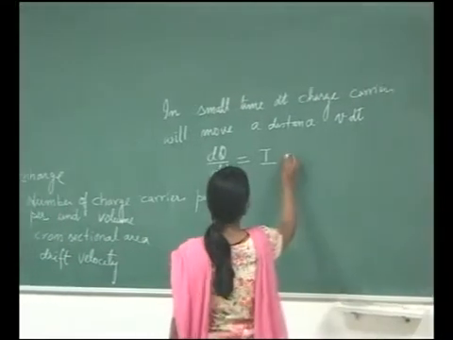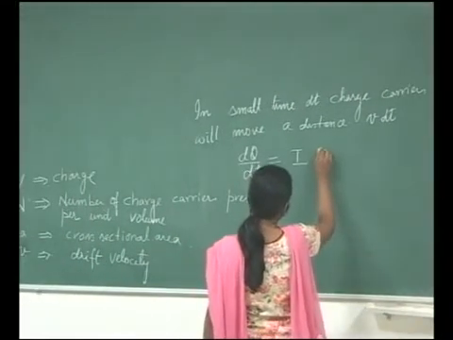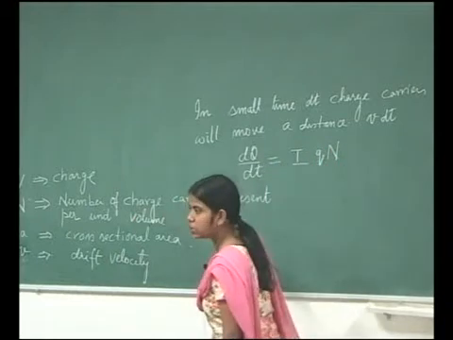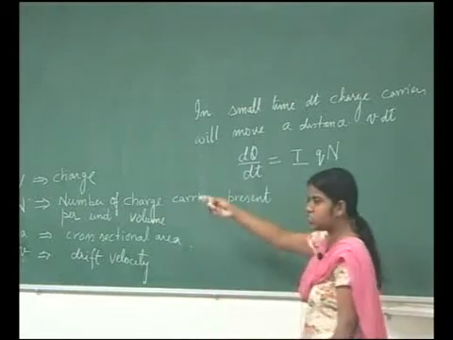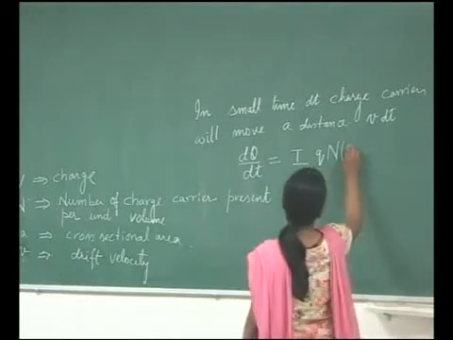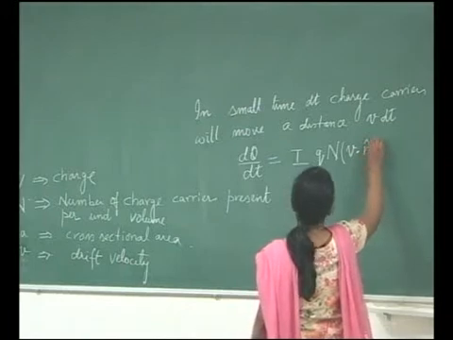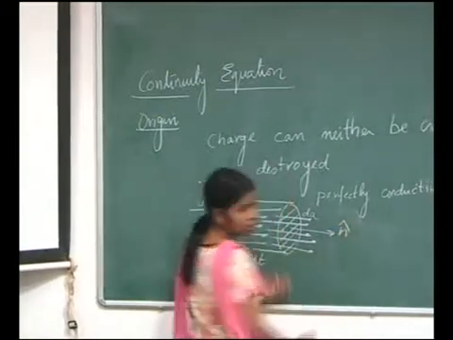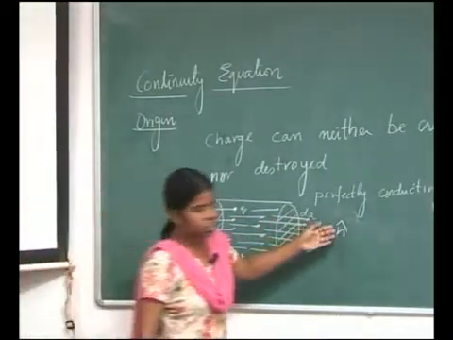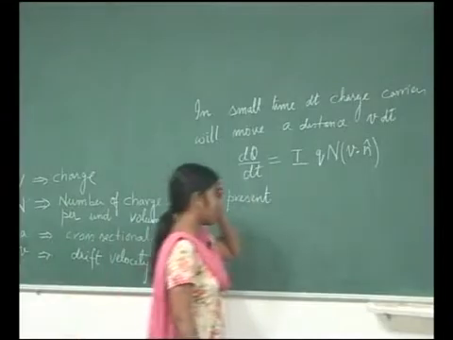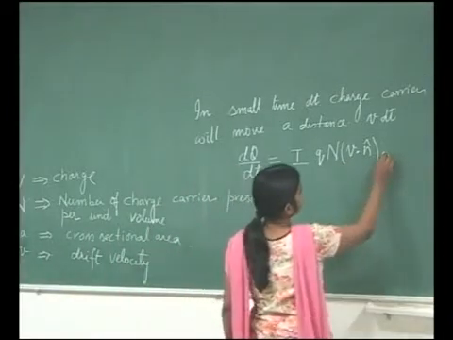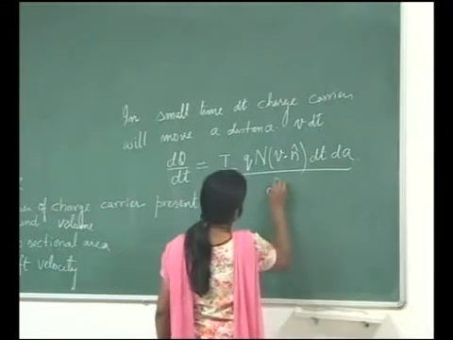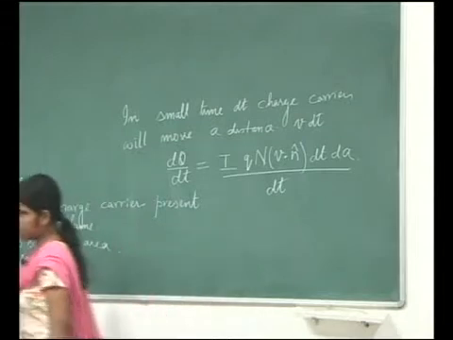This is equal to Q into n, because n is the number of charge carriers per unit volume and Q is the charge of the species. Q n v dot n̂, where n̂ is the unit vector perpendicular to the cross sectional area, just to ensure that my current is always perpendicular, v dot n̂ dt into dA divided by dt. ठीक है?